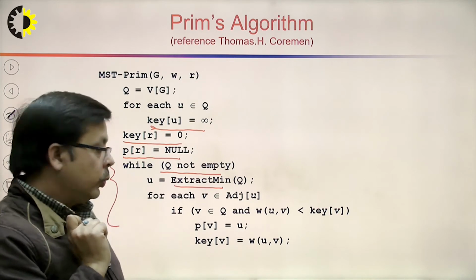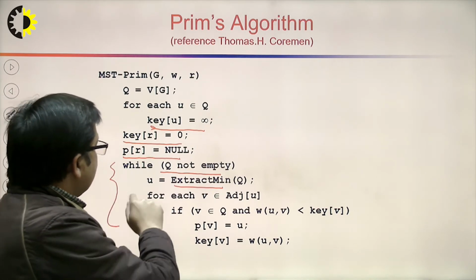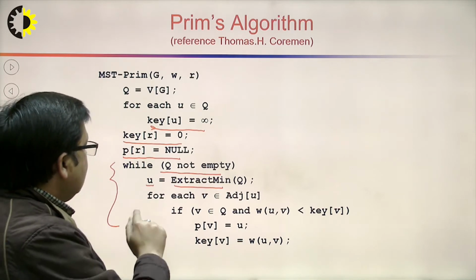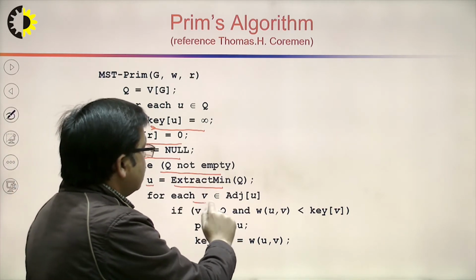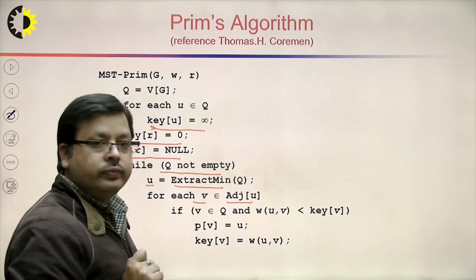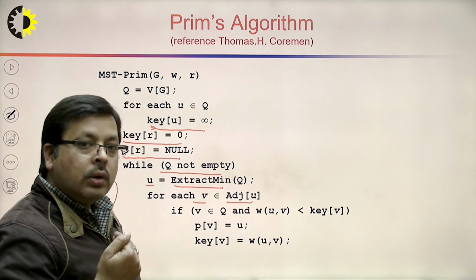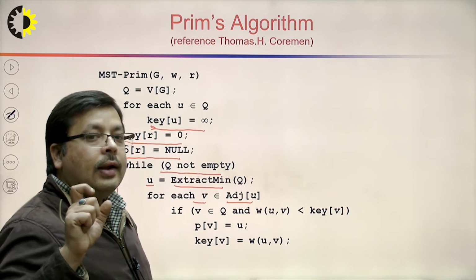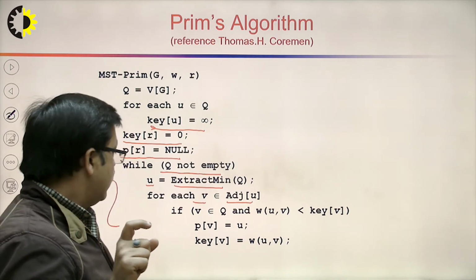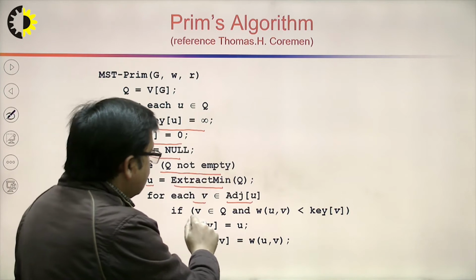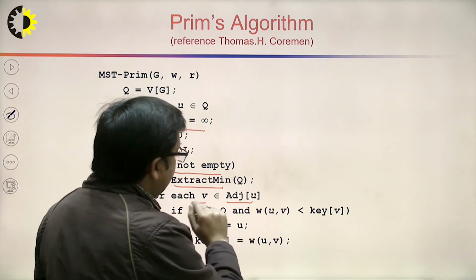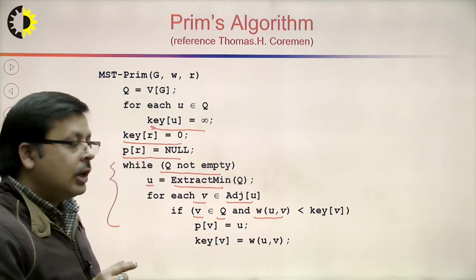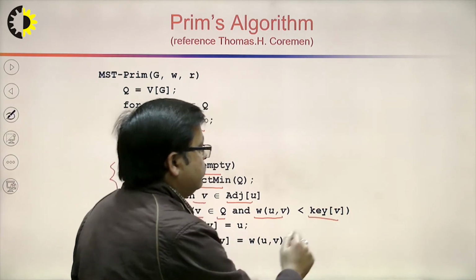When we extract the minimum weight node u from the queue, we see all the adjacent vertices of u. If vertex v belongs to Q and the weight of u v is less than key v.